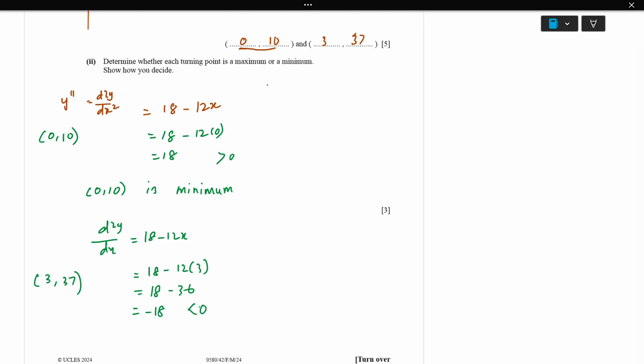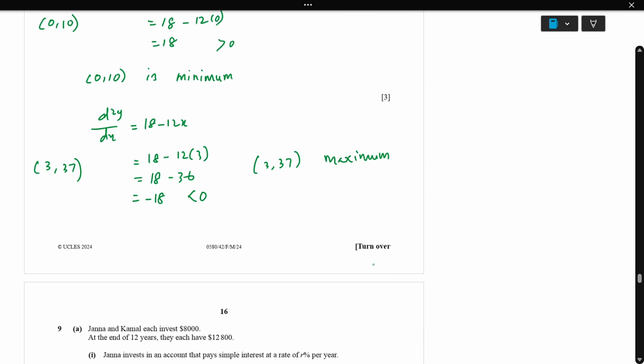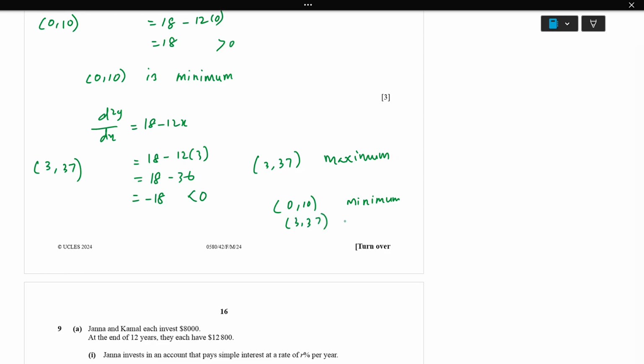This is less than 0, so (3, 37) is going to be a maximum. This is the answer. The final answer you have to write here is (0, 10) is a minimum, and (3, 37) is a maximum.